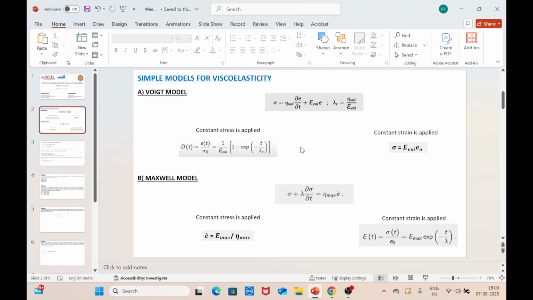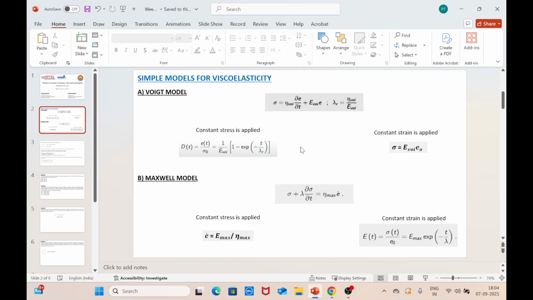Based on this model, if we do the creep test as well as the stress relaxation test, we will end up with certain equations. We can modify this equation depending upon the type of control variables. If you apply constant stress, how will this equation be modified, and if you apply constant strain, how will this equation get modified?